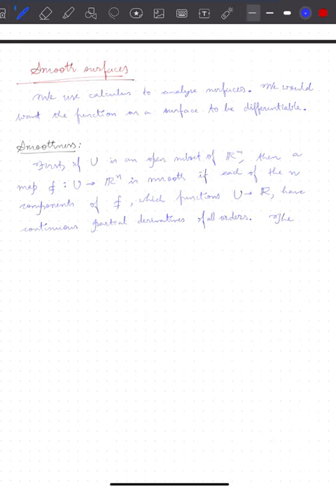So then the partial derivatives of a vector are computed component wise.